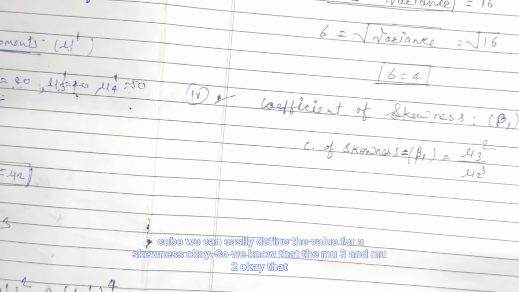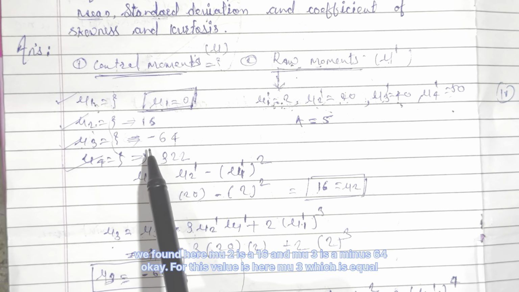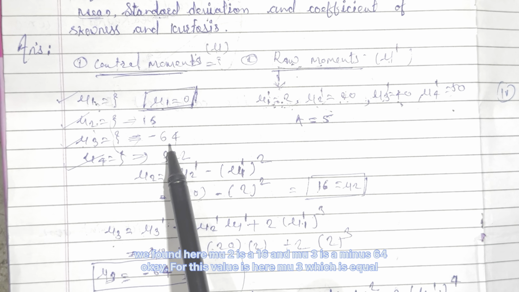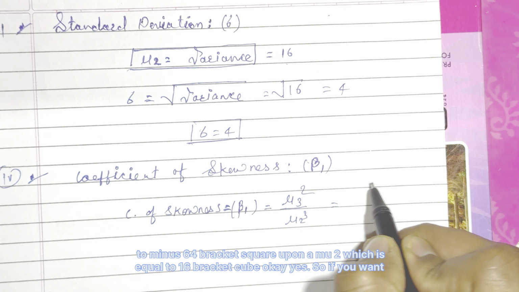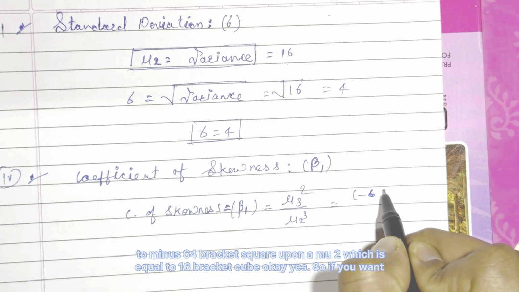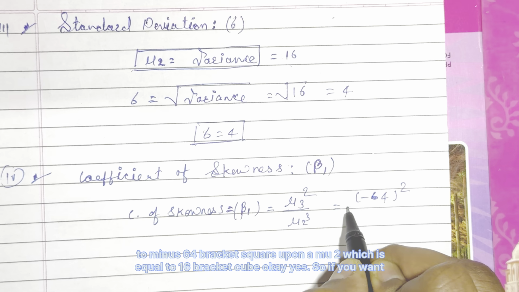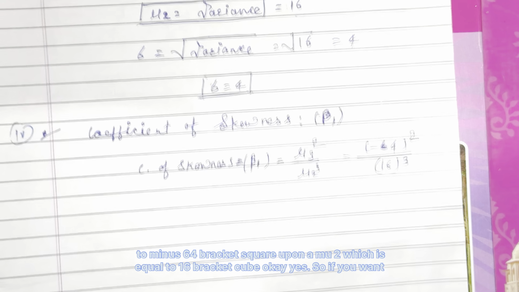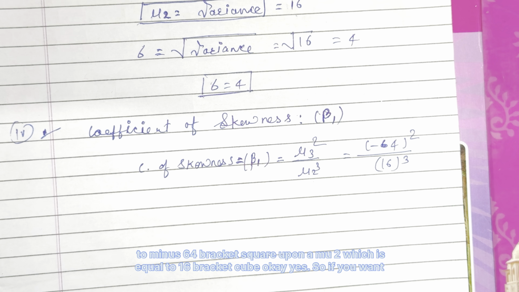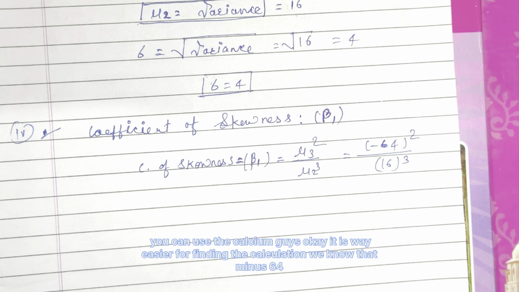We know mu3 and mu2, that we found here: mu2 is 16 and mu3 is minus 64. Put these values here: mu3 equal to minus 64, bracket square, upon mu2 equal to 16, bracket cube. If you want, you can use the calculator, guys; it is way easier for the calculation.